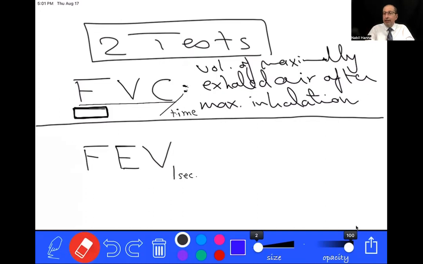And we divide the forced vital capacity by the time in seconds, and we get the forced expiratory volume in 1 second. So the forced expiratory volume in 1 second is the volume of air exhaled in 1 second.